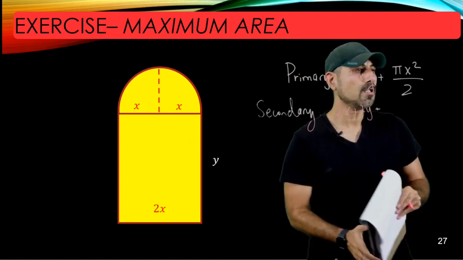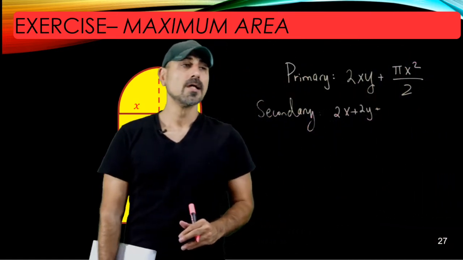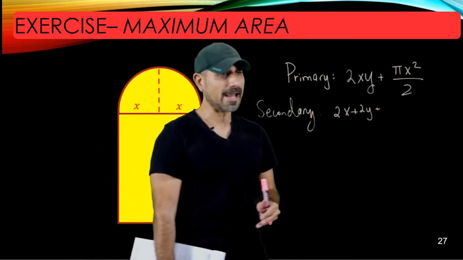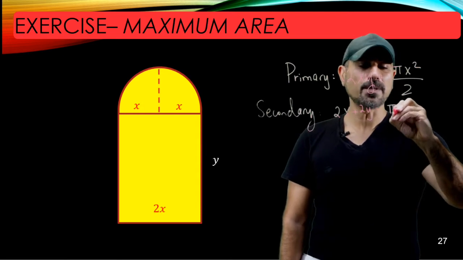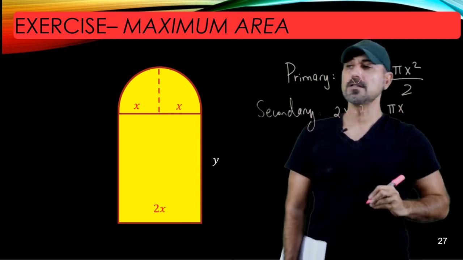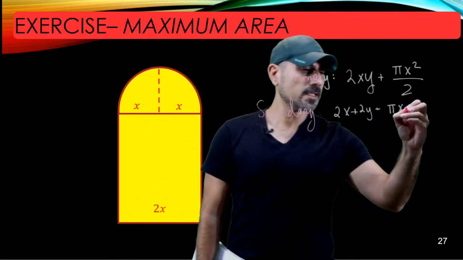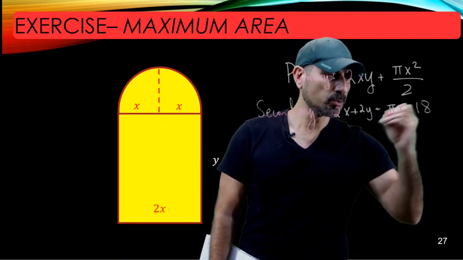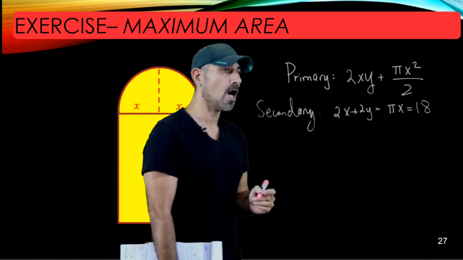For the full circle, the perimeter is 2 pi times the radius, so it's 2 pi x. But we have the semicircle, so it's going to be half of that. So pi times x is the perimeter of the top circle. And we're going to set this to 18 because that's what the question statement says. This is our constraint for x and y.